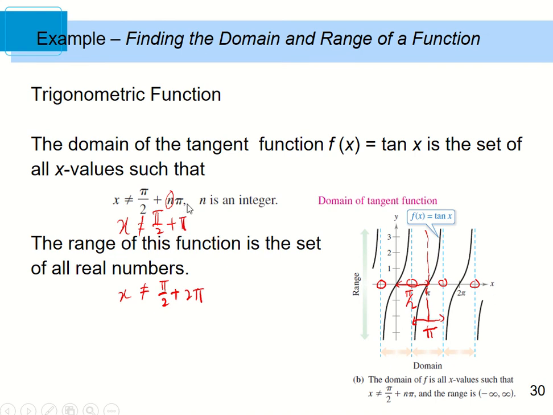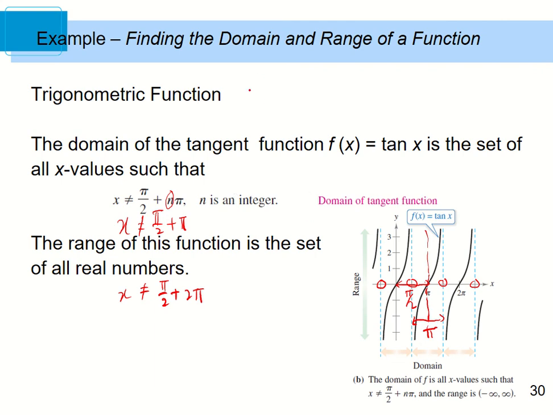So x cannot be pi over 2 plus a multiple of pi, where n is an integer: 1, 2, 3, 4, 0, or -1. When n is -1, we get the one on the left-hand side here. This is a vertical asymptote, and this is the domain of x as well.